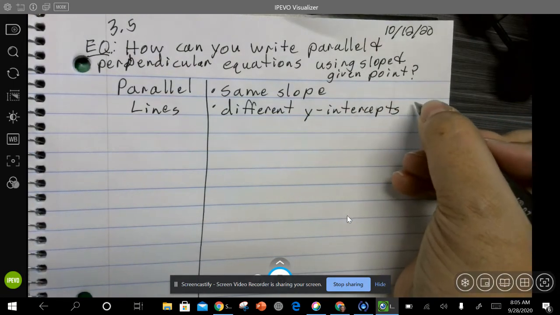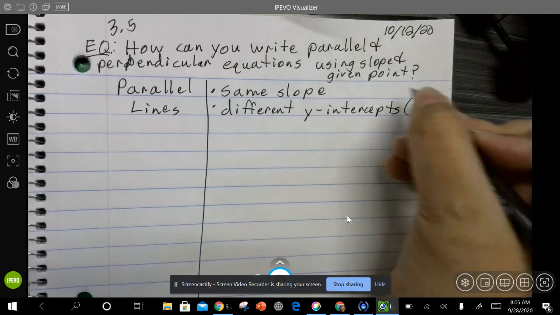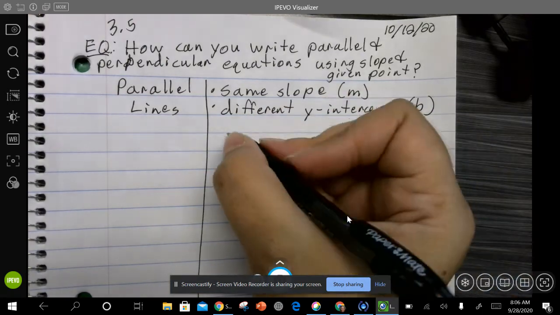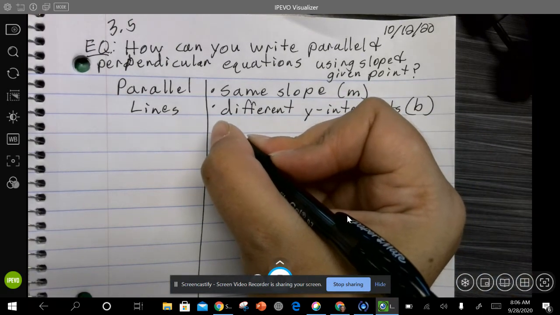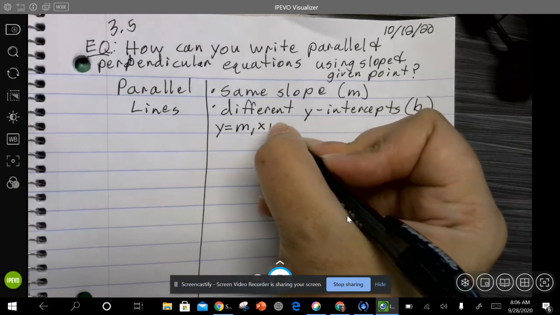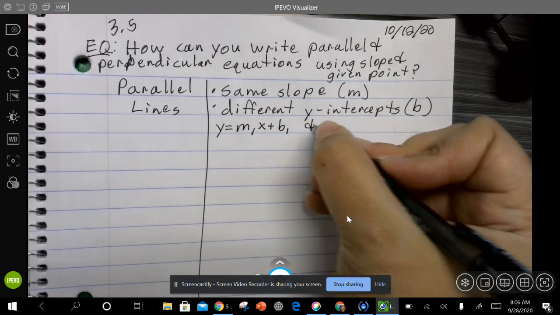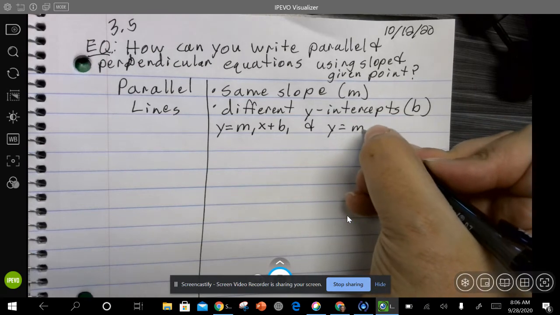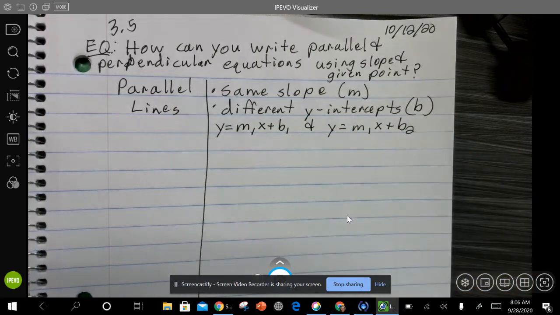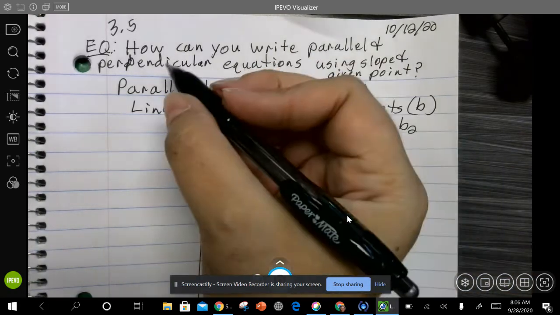Okay, so everybody, that's their b value. So same slope. So we'd have y is equal to mx plus b, and y is equal to mx plus b, a different value. Okay, so parallel lines.